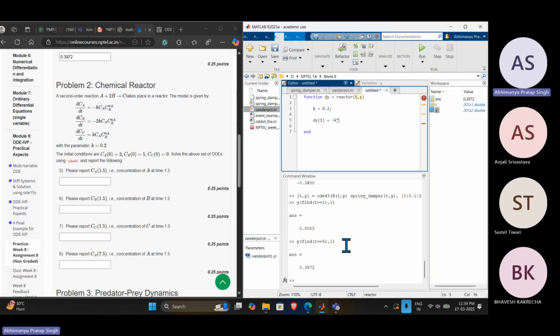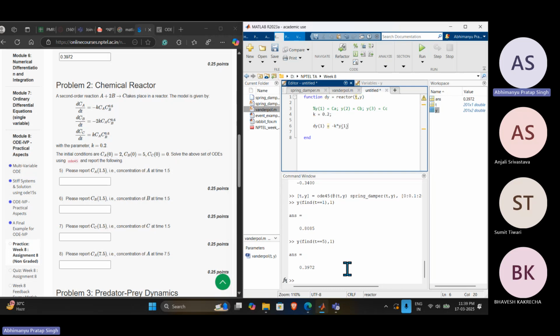I'm naming my variables as y1 is equal to ca, y2 is equal to cb, and y3 is equal to cc. Yeah, we have ca, cb, cc. So dy1, that is dca by dt, that would be minus k multiplied by ca.